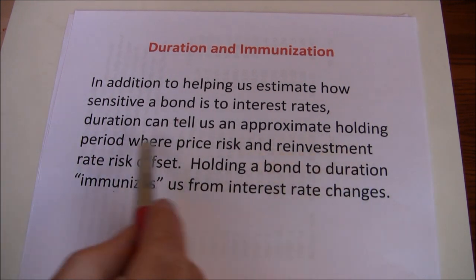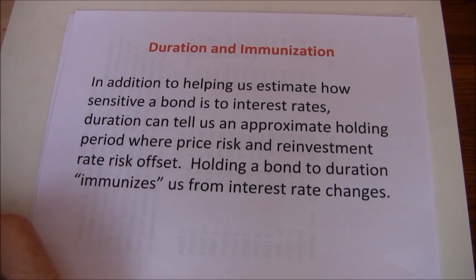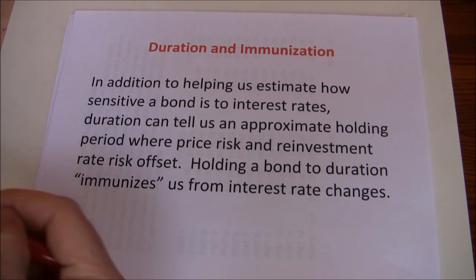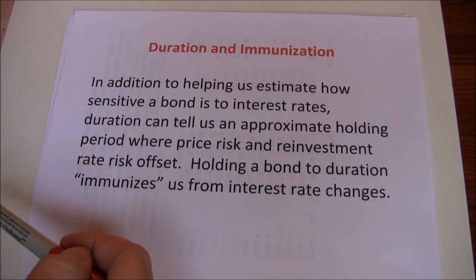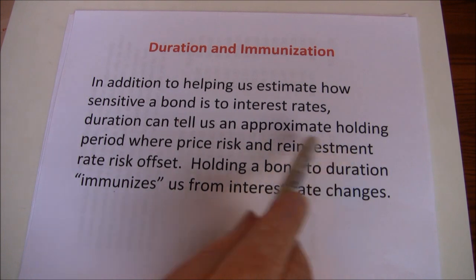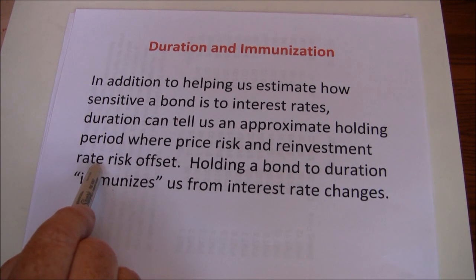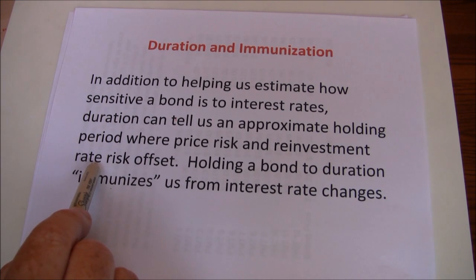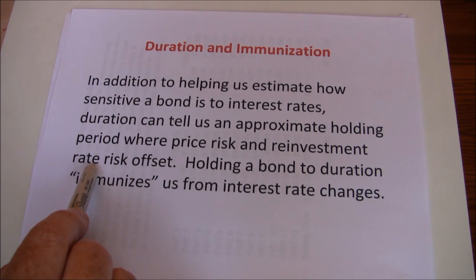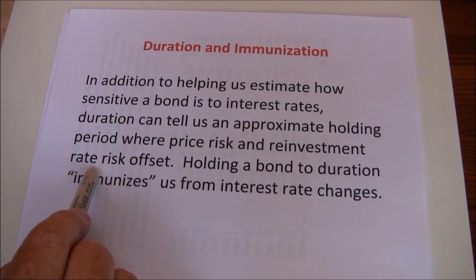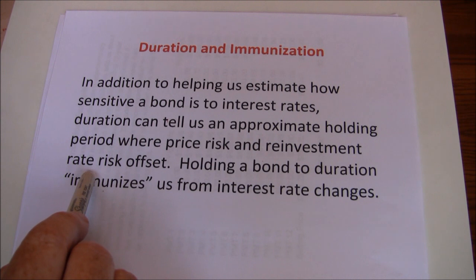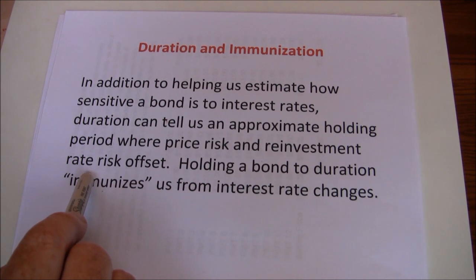Remember, the reinvestment risk means if I have a 10-year bond and interest rates go up, maybe my bond price is going to drop a little bit, but I can reinvest those coupon payments at a higher interest rate. So from a reinvestment rate perspective, increases in the interest rate are beneficial to me. Decreases in the interest rate mean I can't reinvest those coupons at as high of a rate of return.